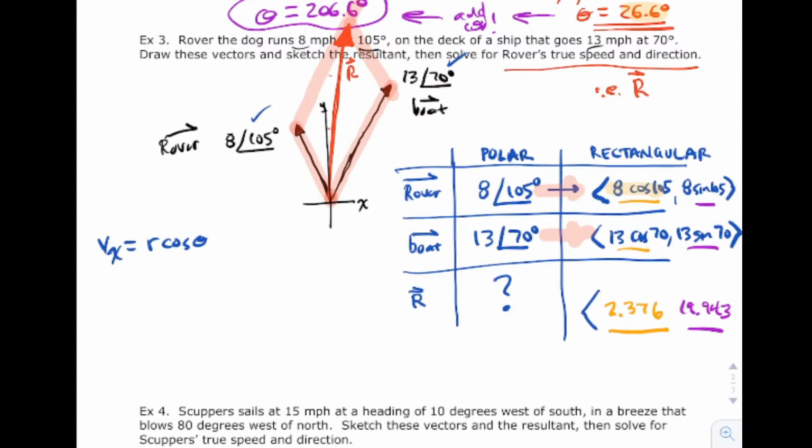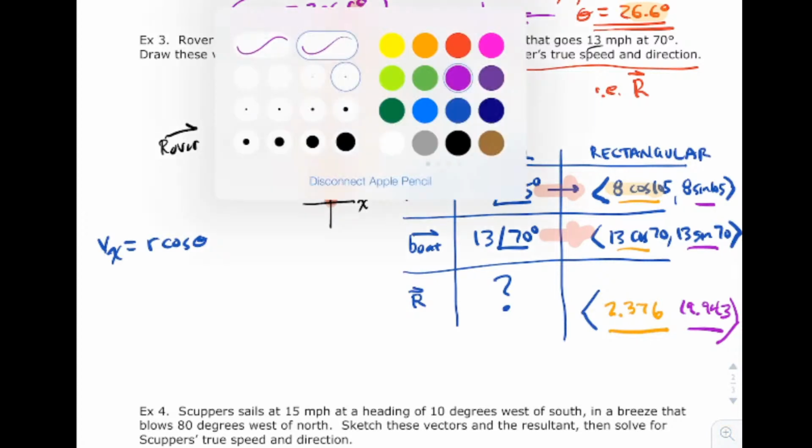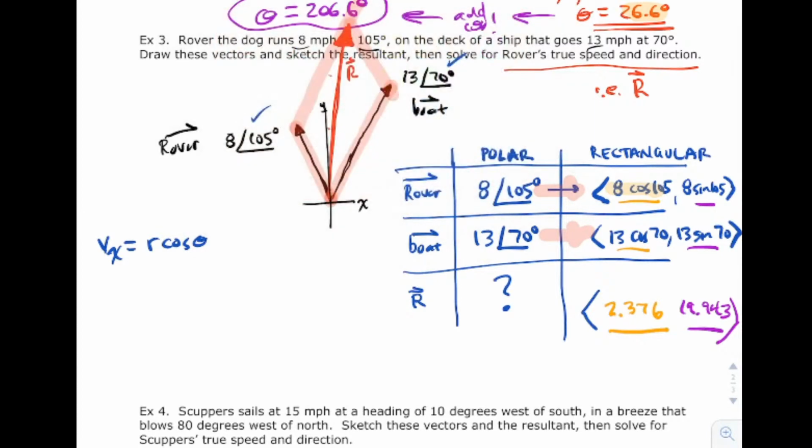And so what that means is that this red R here, we just calculated, has an x component of 2.376, a very small x component, and it has a y component of something kind of big, really, 19 point something, so that would be along the y-axis.